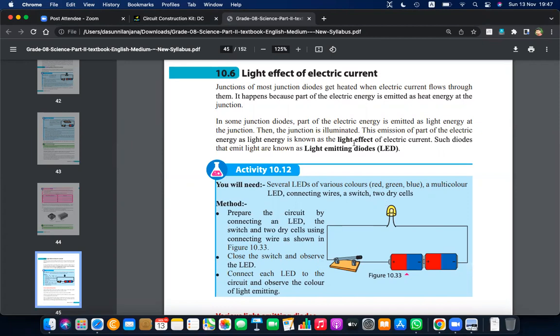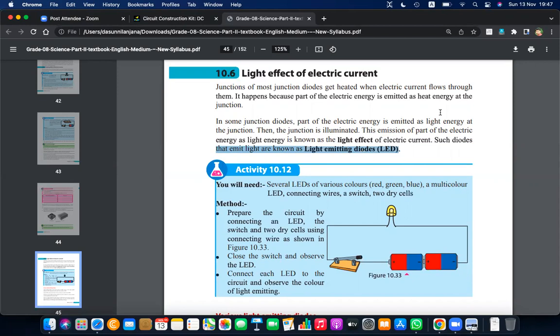A diode is a special piece of equipment. Like we learned about diodes previously, a diode will let the current flow in only one direction. A diode will not support bidirectional flowing of the current. It can only flow in one direction.